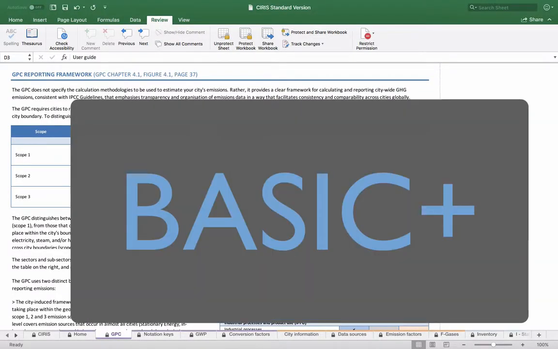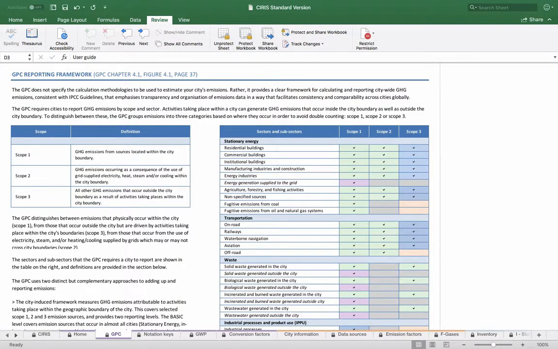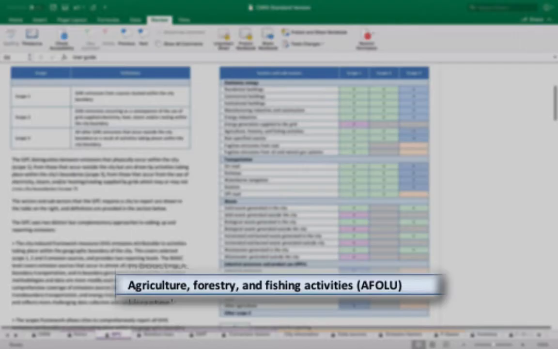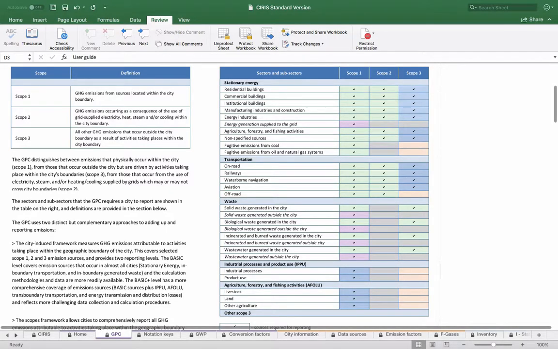Basic Plus involves more challenging data collection and calculation processes, and additionally includes emissions from industrial processes and product use, IPPU, agriculture, forestry and fishing activities, AFOLU, transboundary transportation, and transmission and distribution losses from grid-supplied electricity.